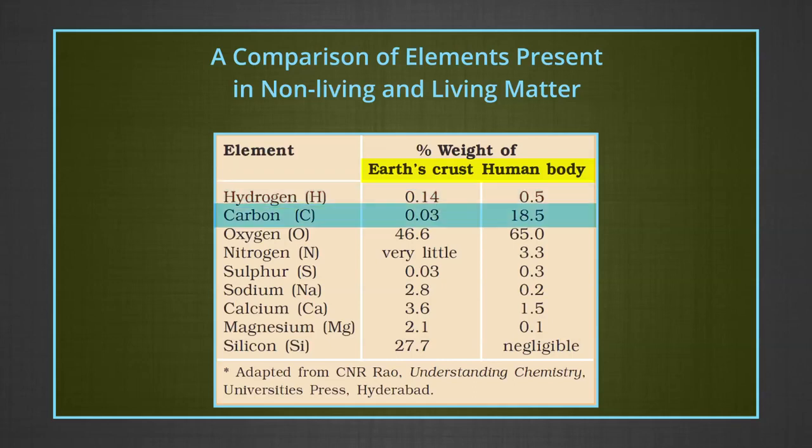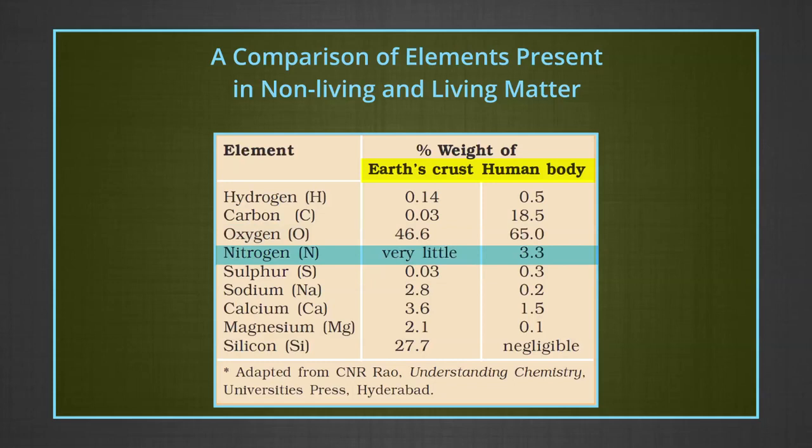But carbon is 0.03% weight in earth crust and in human body it is 18.5%. Oxygen is 46.6% weight of earth crust and in human body it is 65%.